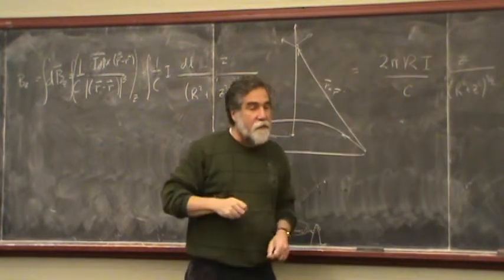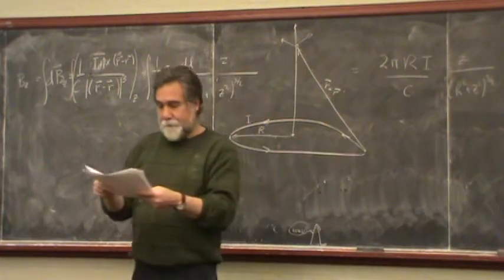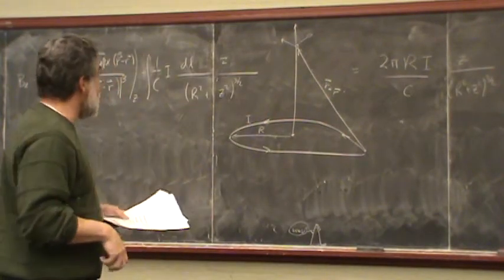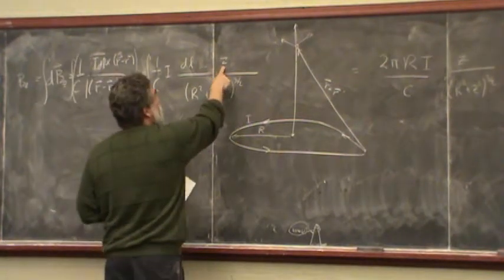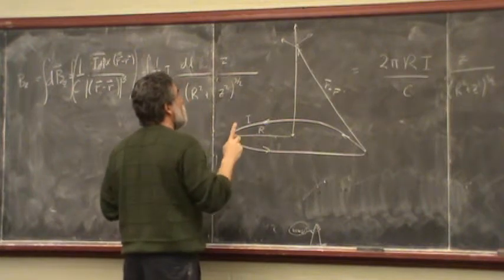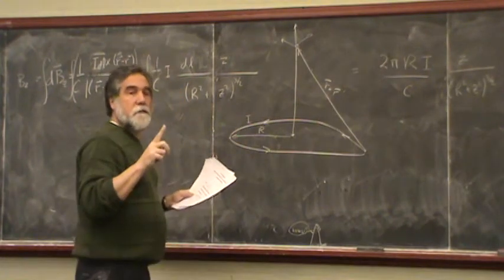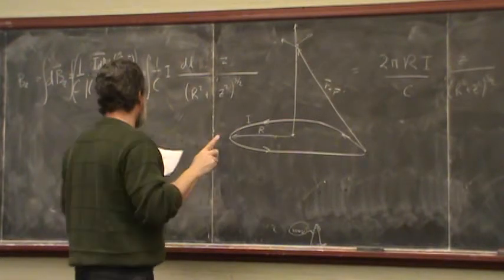Let me check to see whether I did that right. You had the wrong term in the bottom. I need to find the component. It was r squared plus z squared on the bottom of dB.